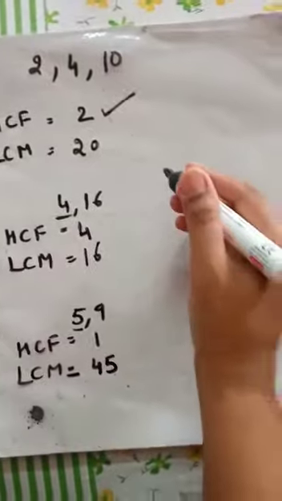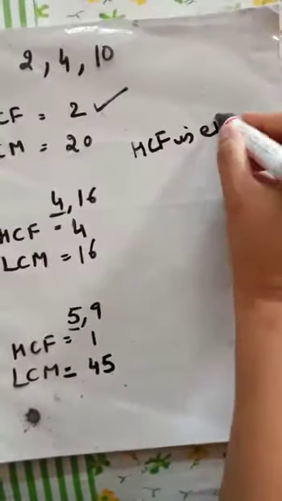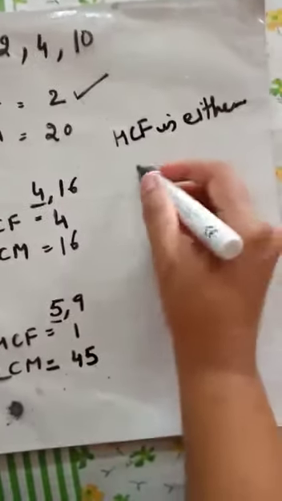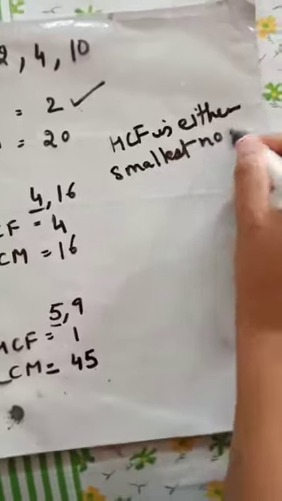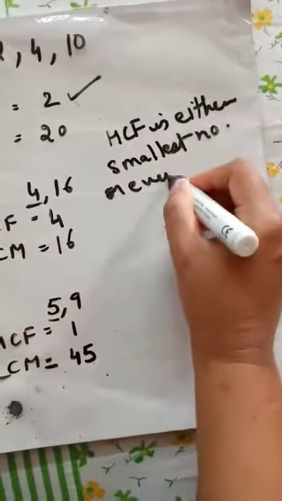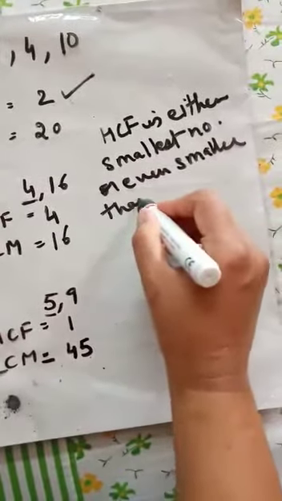So I am writing one statement that HCF is either the smallest number or even smaller than that, right?